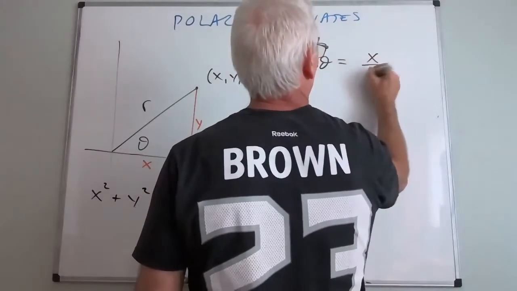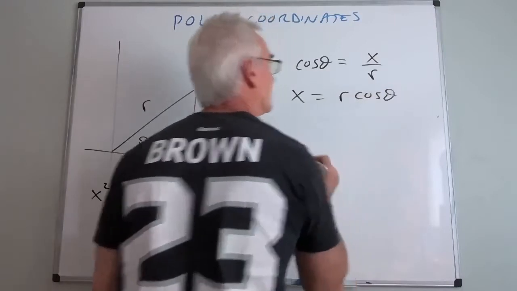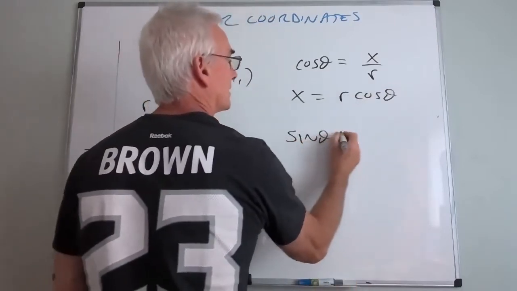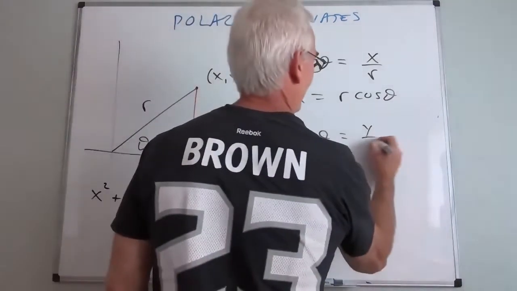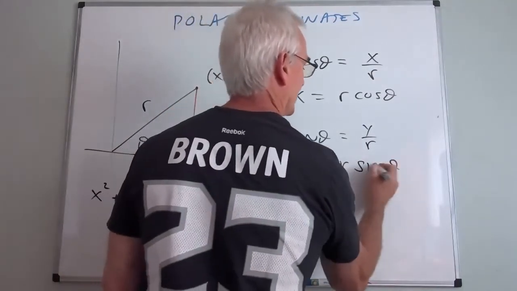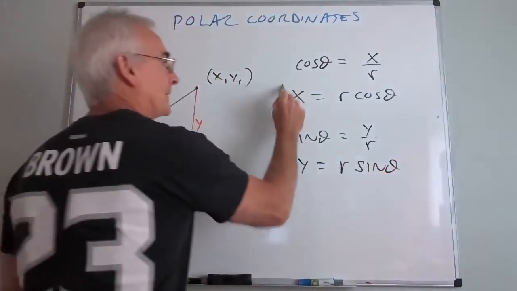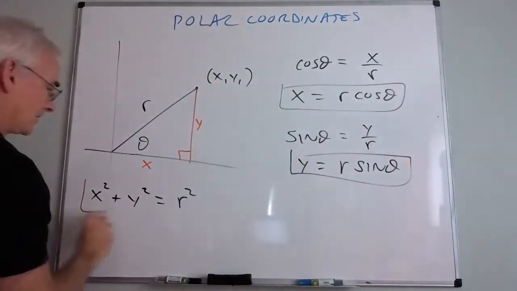So this would be x over r, and that simply means then that x is r times the cosine of theta. All right, what's the sine of theta? Joshua, what's the sine of theta? It's y over r. Which means that y equals r sine of theta. So that's one, that's one, that's one.